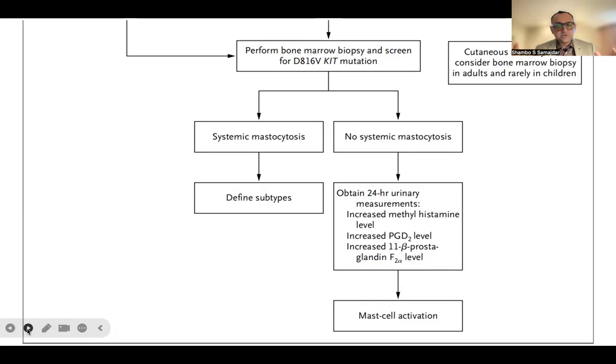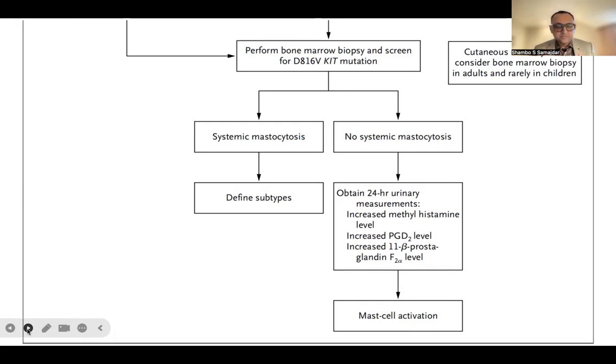Even if there is no systemic mastocytosis, we sometimes need to measure the 24-hour urinary metabolites of mast cell mediators, mostly methylhistamine, prostaglandins, and the specific 11 beta PGF2 alpha level.